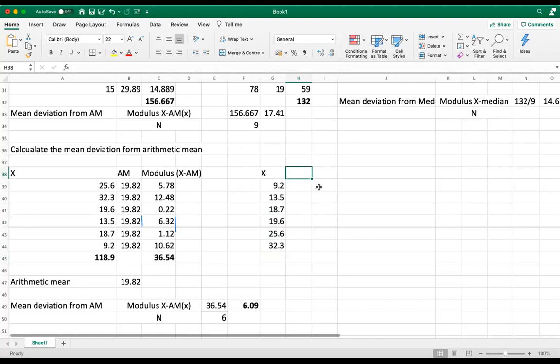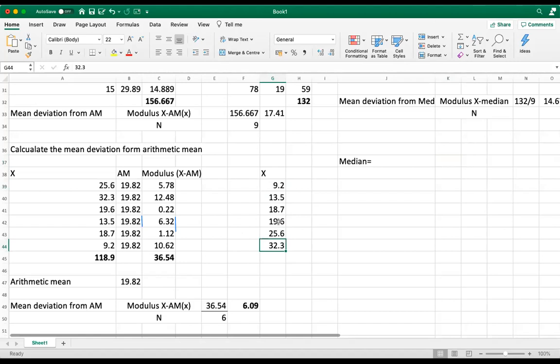Which is the median here? How will you calculate median? There are 6 values, correct? Yes. And 10 by 2 plus 1 by 2? No. See, I have sorted the values and written them here.